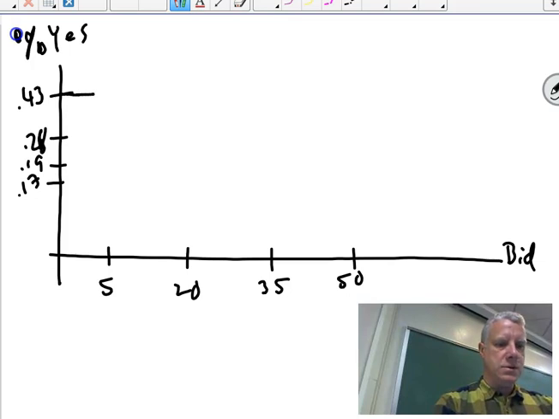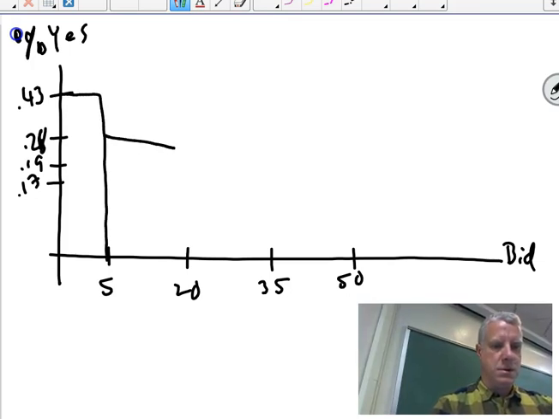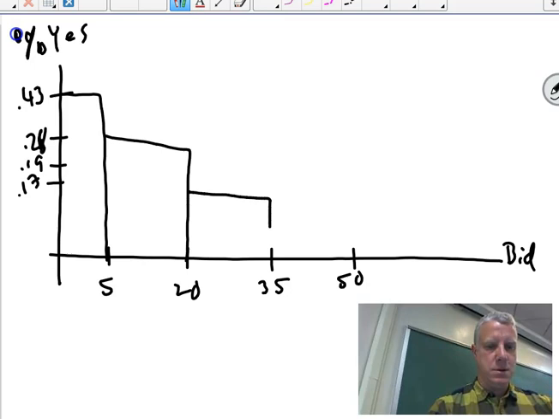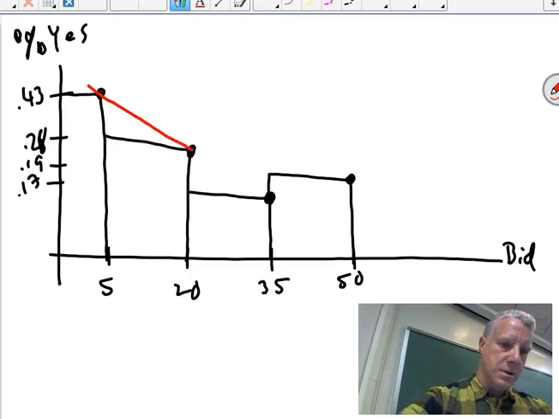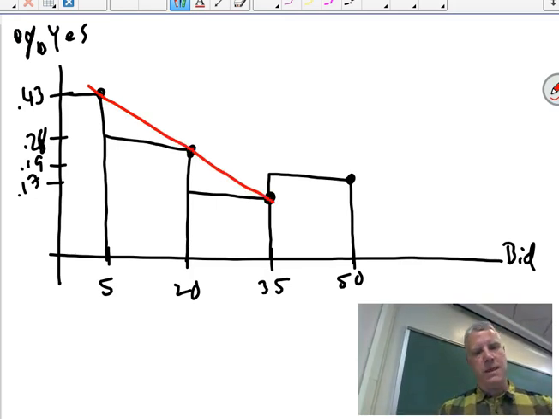So the rectangles look like that. So this time, if we connect the dots, then we get a nice downward sloping demand curve up to the bid of 35, but then the demand curve slopes upward to the bid of 50.